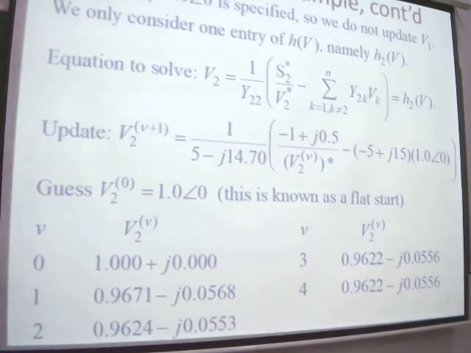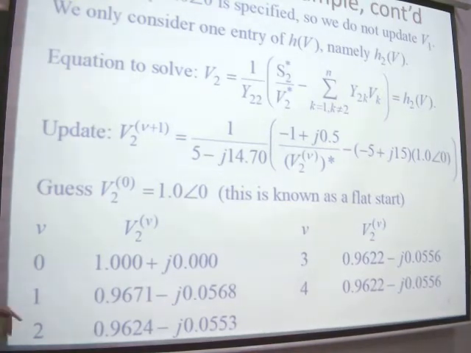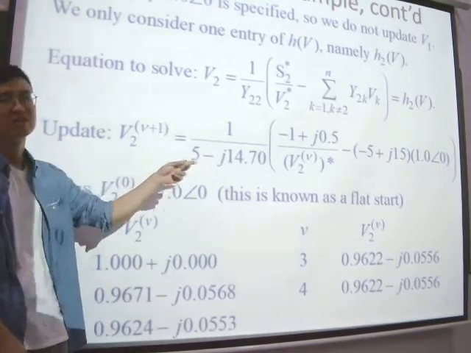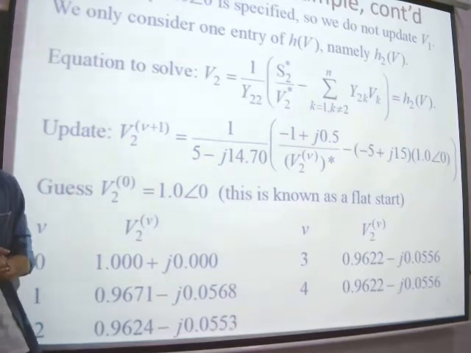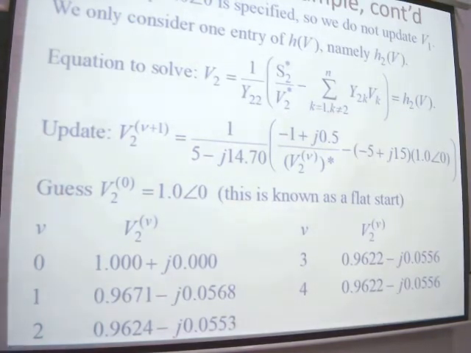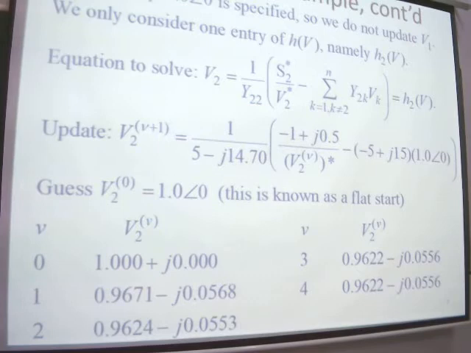This is why it is an iteration, because you know that this is a nonlinear equation. You cannot get a correct or specific answer at first. Okay.